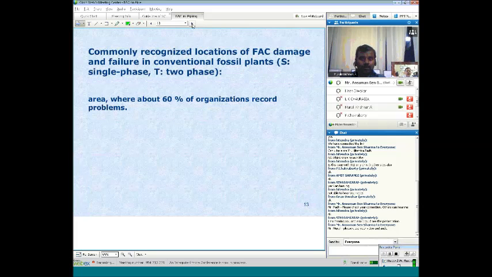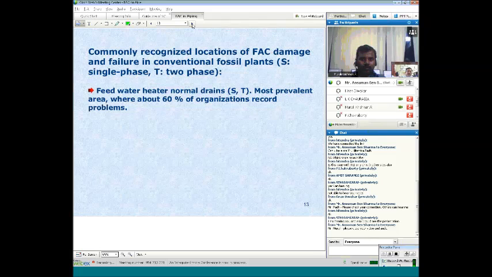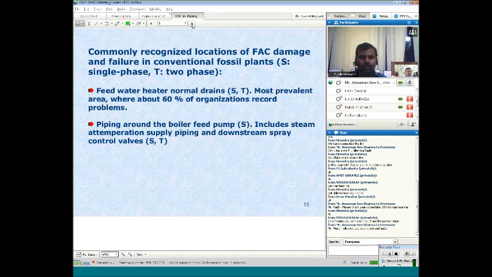If I want to see the locations where it is happening, then feed water heater drains, where both single phase and two phase types of failure are most prevalent. In fact, feed water heater normal drains are the most prevalent area where FAC occurs. Then piping around the boiler feed pump, you have seen the first case in the Surrey nuclear power plant. It is the feed water suction line.